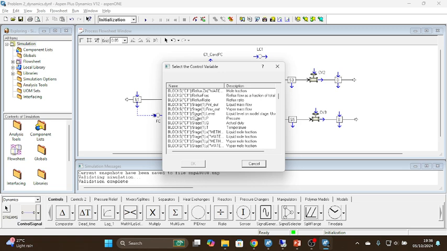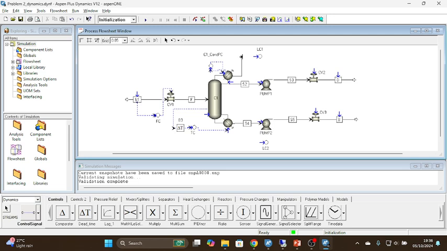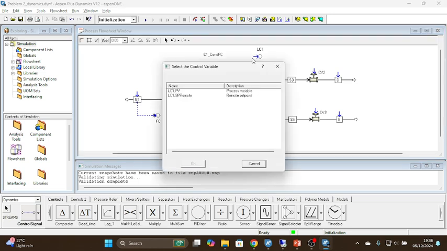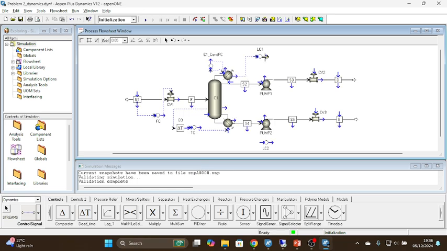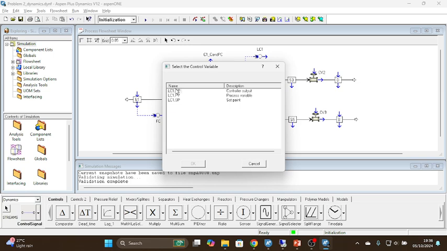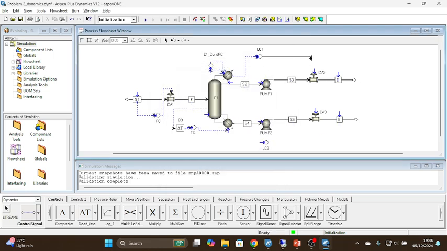So we are going to control the liquid level of stage 1. I'm going to select this and insert it into this controller. The output of this controller is coming to this control valve 2.